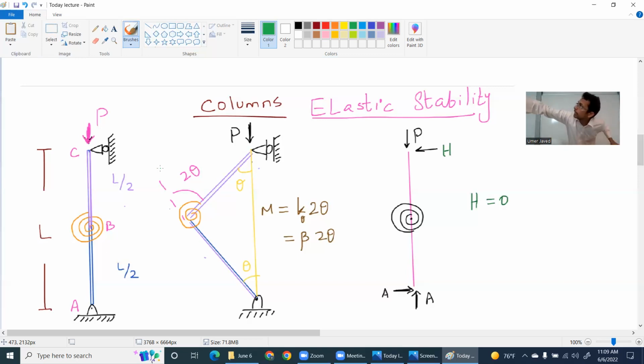Now I have created that big structure on the left. What you have to understand is that in a practical problem, you will have a genuine long structure. It will have a stiffness to it, and you remember that stiffness with the word K. What I have done is create this hypothetical problem on the left.